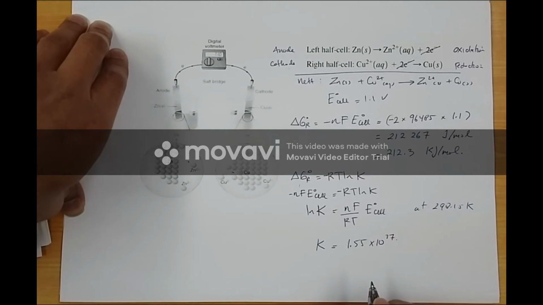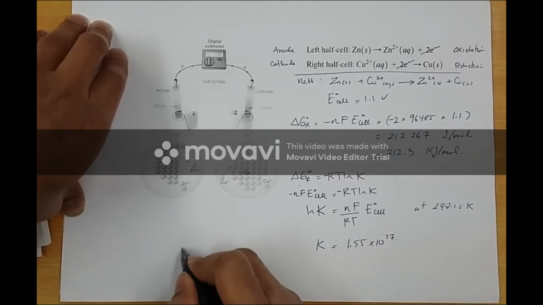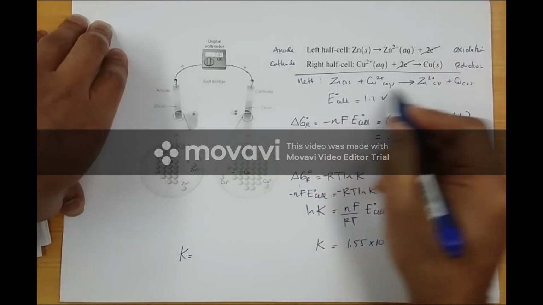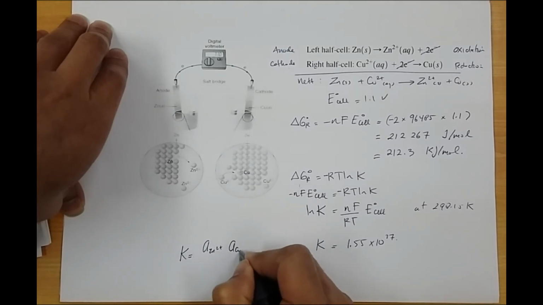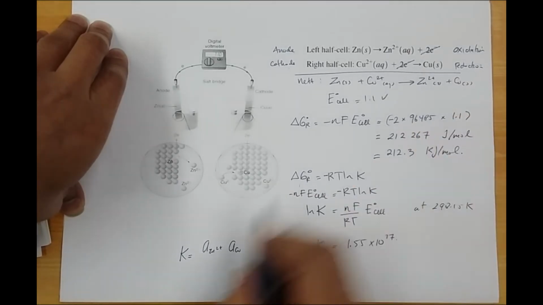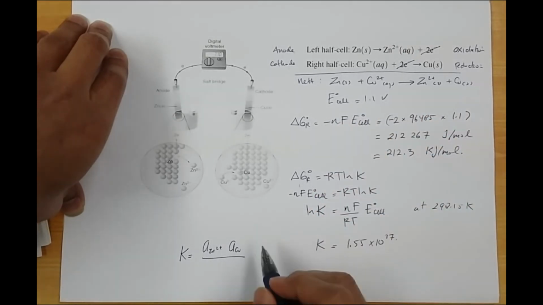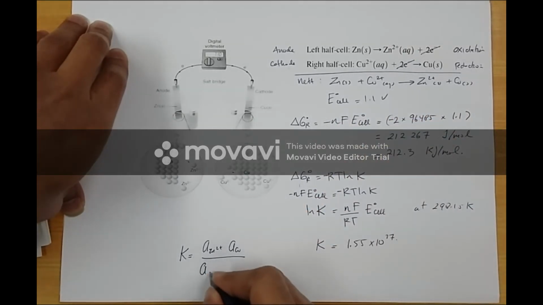First of all, we have to know what K is. So let's calculate K for this reaction. It is the activity of zinc 2 plus times the activity of copper solid, that's the product, over the reactants, the activity of zinc solid times the activity of copper 2 plus, right?